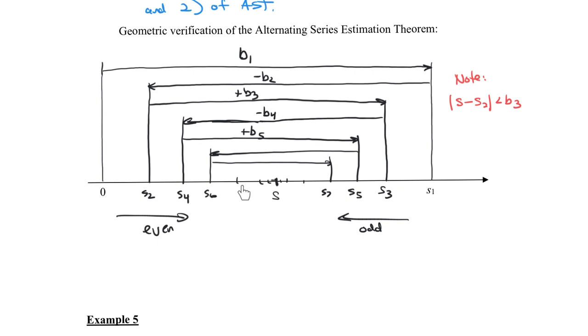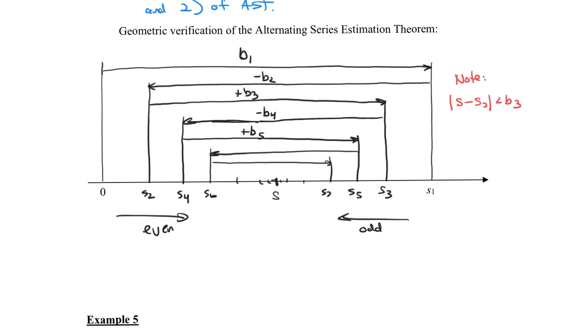The difference between these two, this distance, is going to be less than b sub 3, which it is because here's b sub 3, right? B sub 3 is bigger than that. So the error, the difference between the actual sum and the partial sum of the first two terms, is less than the size of b sub 3.